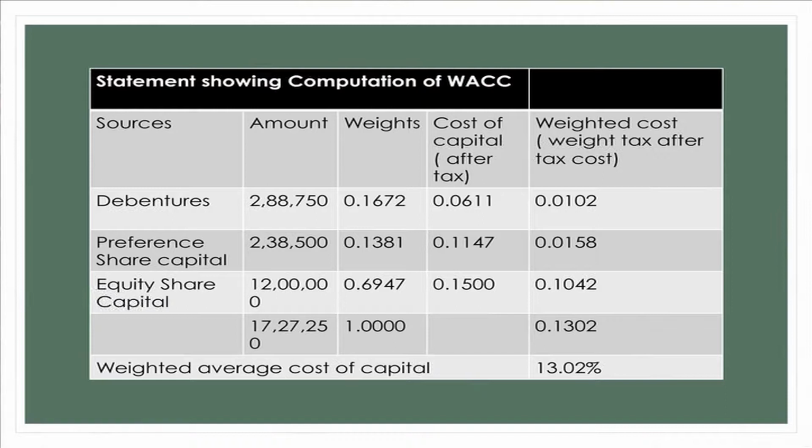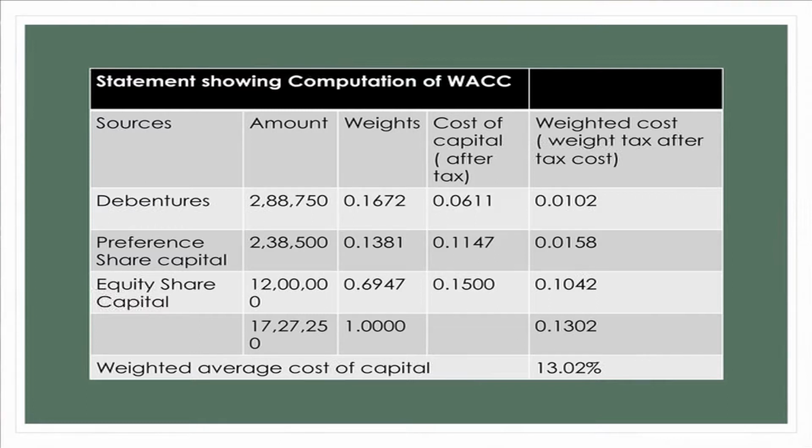Cost of capital, which we have ascertained, we have simply written here as 0.0611, it was 6.11%. Then 11.47 is written as 0.1147 and 15% is written as 0.1500. Multiplying the cost of capital with the weights, we get the values for weighted average cost of capital as 0.012, 0.102, 0.0158 and 0.1042 respectively.